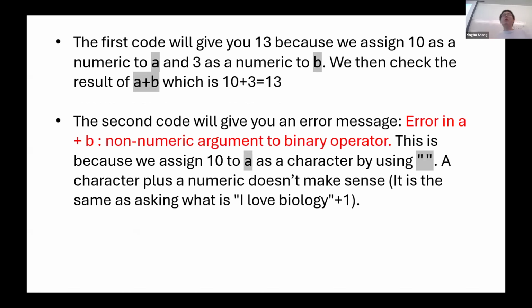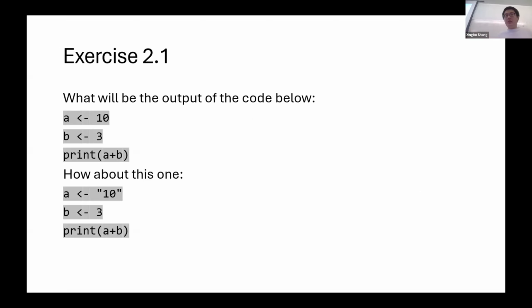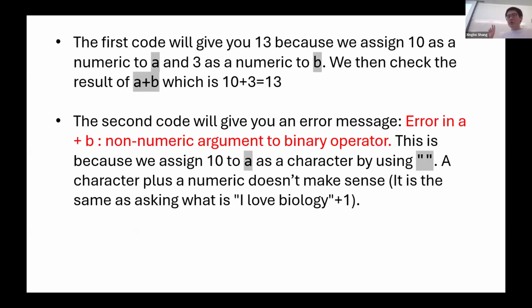So the first code will work perfectly fine. You have A as 10, B as 3, and you print A plus B, it will give you 13 as expected. However, if you do it like the second case, R will just throw an error at you. The reason is that you surround the 10 with double quotes.